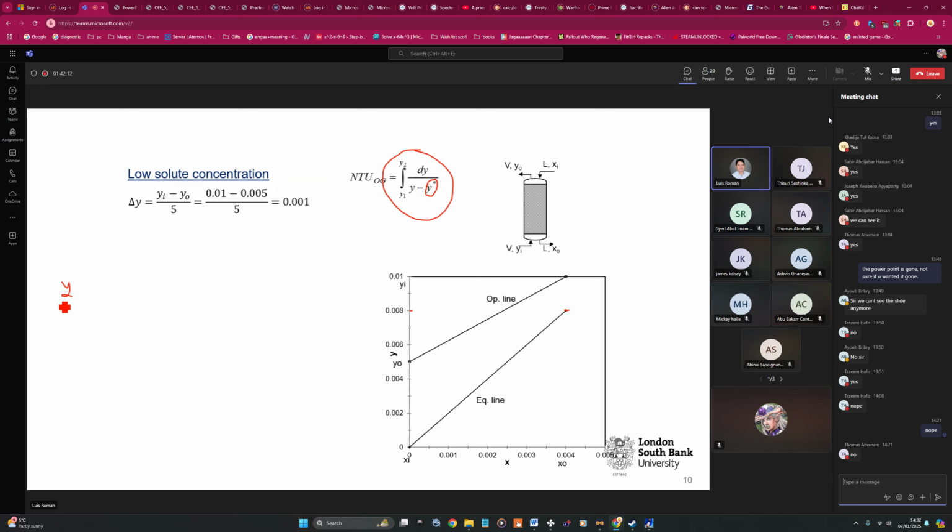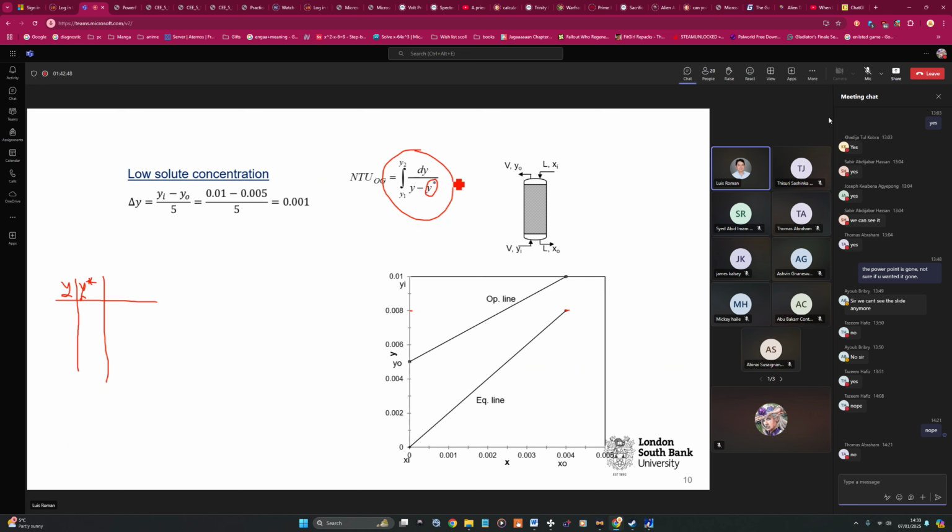So what we need is, for a given value of y, we need to find the value of y at equilibrium.